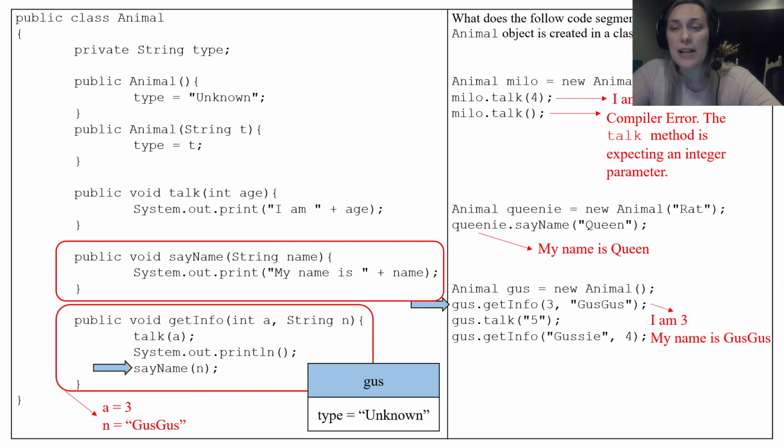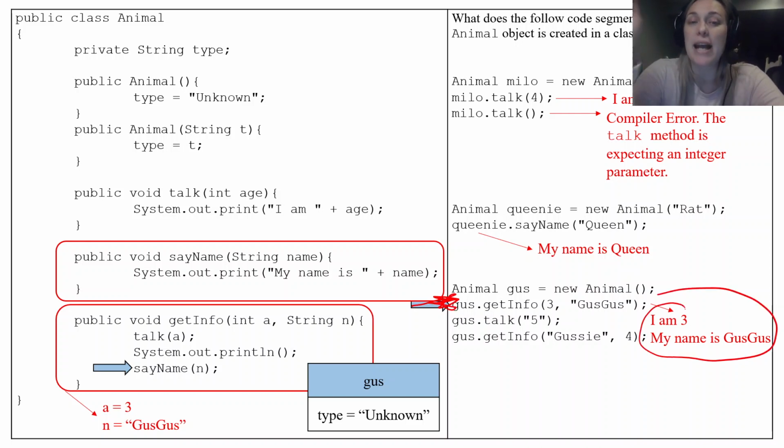So what you'll see, that line of code right here that we've been working with, it prints off, "I am 3, my name is Gus Gus." That whole line. Okay. I've reached the end of my getInfo method, so I am done with this line of code now, the getInfo line.